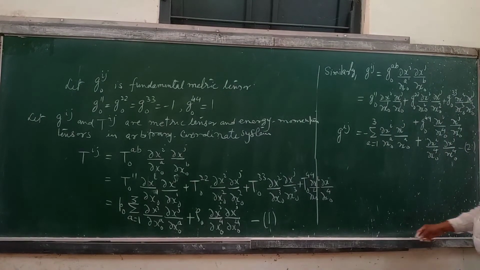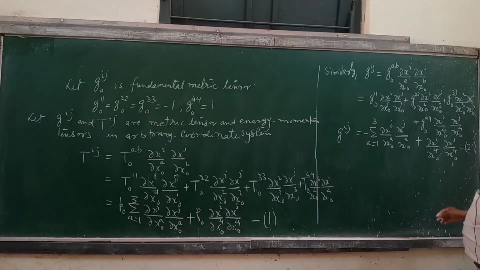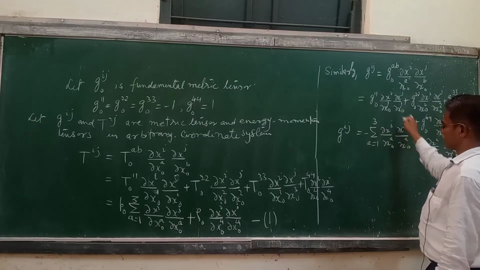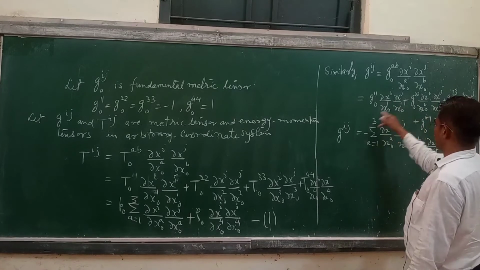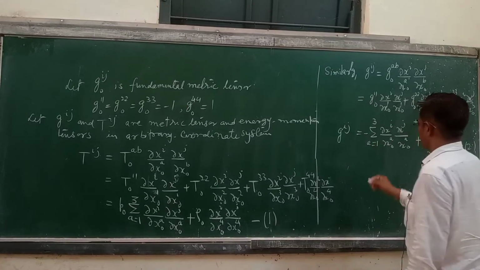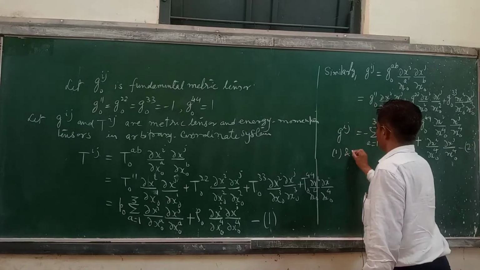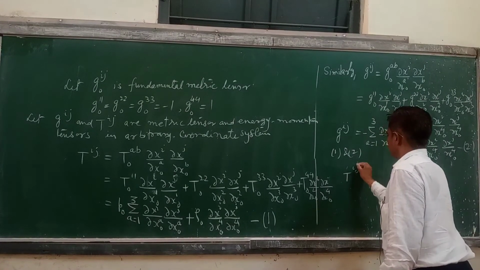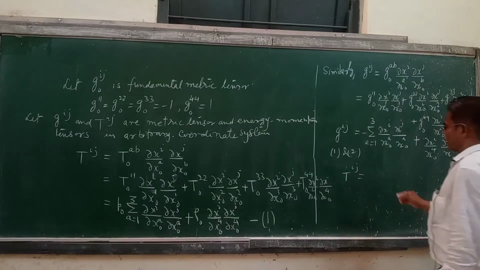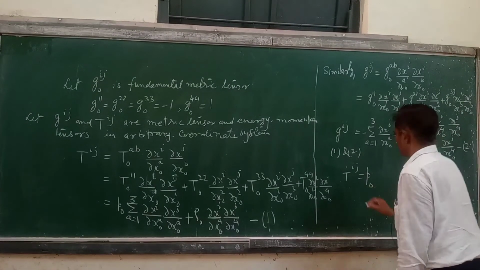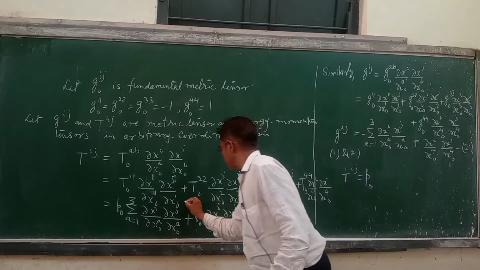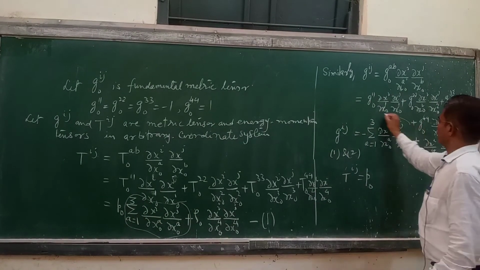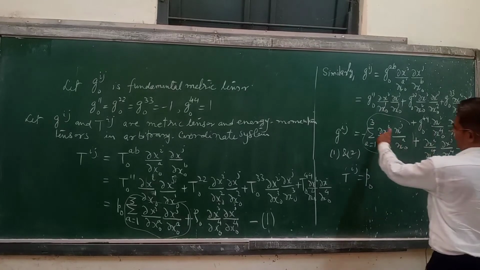Now by 1 and 2, putting this value in 1, we get Tij is equal to, here T0, this sigma value we will write on the left hand side.